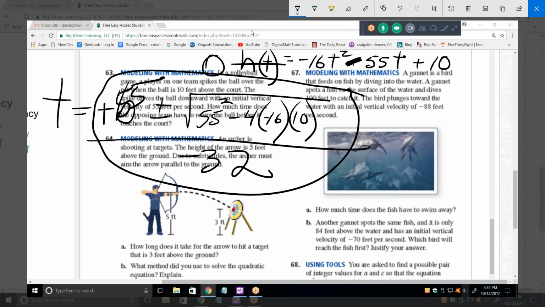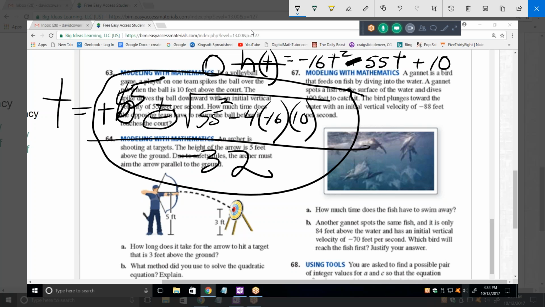And notice that our answer in this case is actually going to come from that part of it. Because the plus is going to give us a positive numerator and a negative denominator will give me a negative time. But the minus will give me a negative numerator, and I already have a negative denominator, and so that will give me my positive time.